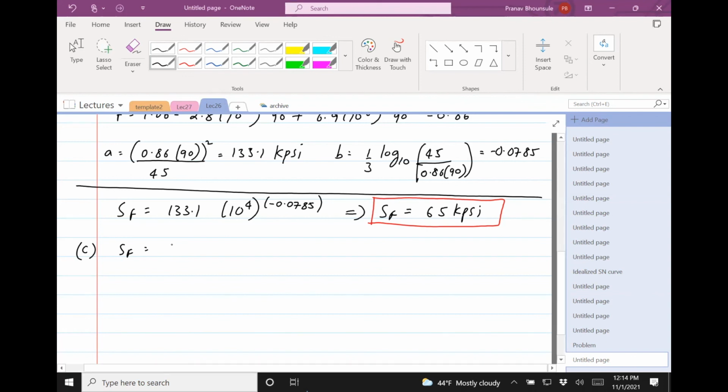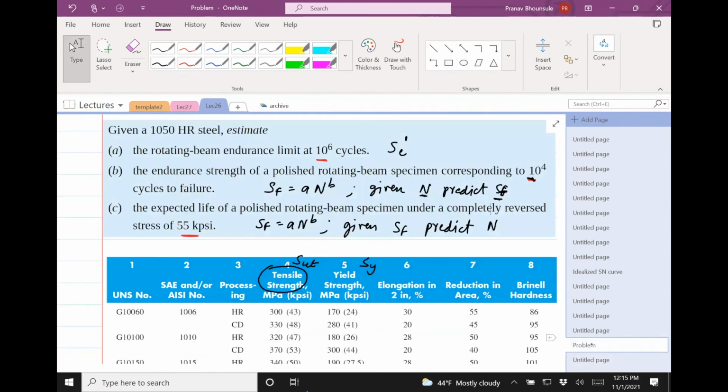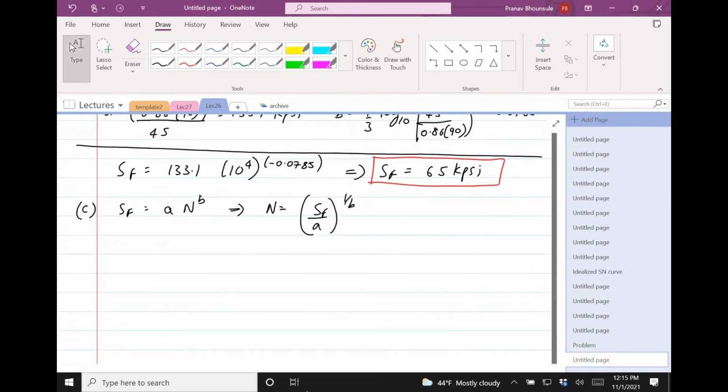SF equals A times N raised to b. And so we can solve for N, that it's SF divided by A, raised to 1 over b. And so now we are asked to solve for, we're given the strength, so we're given SF, we need to predict N. So N equals 55, and A we know is 133.1, raised to 1 divided by b, which is minus 0.07.